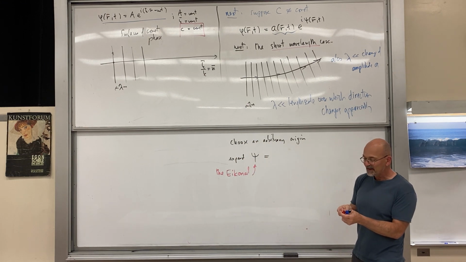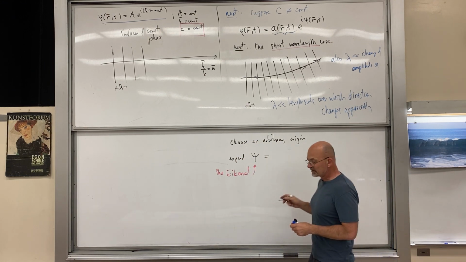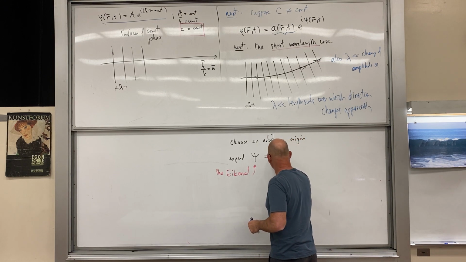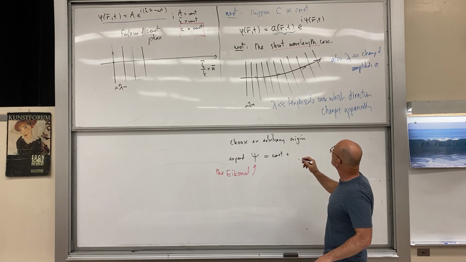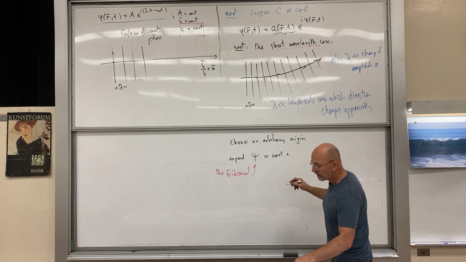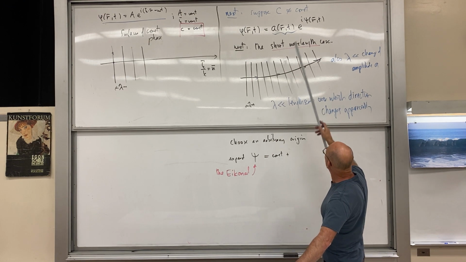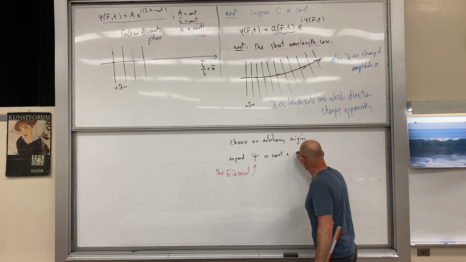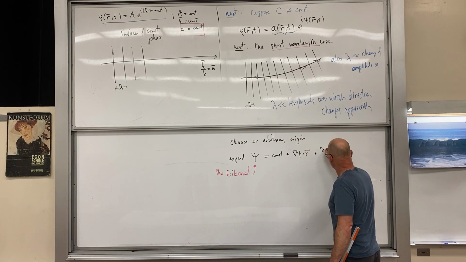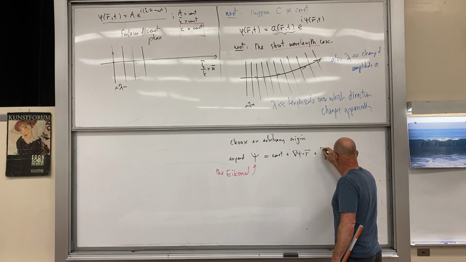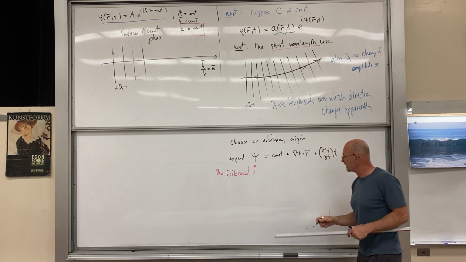So we just expand it in a Taylor series. We'll start with a constant, and then since it's a function of r and t, we could say we have plus gradient c dotted into r plus dc/dt times t.